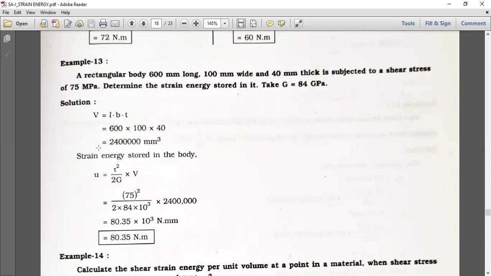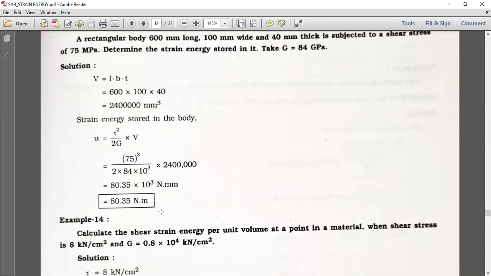The volume is 24 into 10 raised to 5 mm cube. Now put in the strain energy equation: tau square upon 2G into V. Tau value we have 75, and G value we already have 84. Now we can get strain energy U is equal to 80.35 Newton meter.